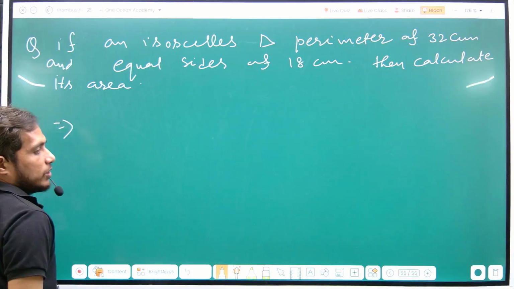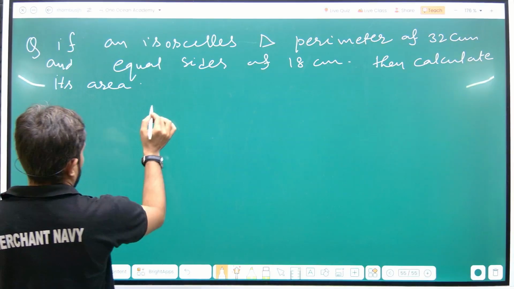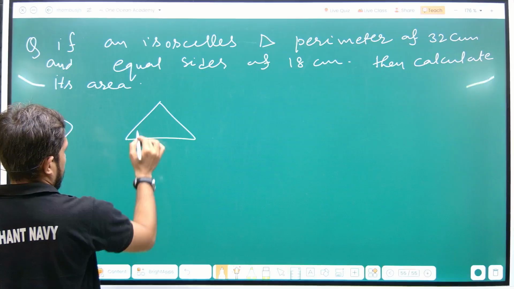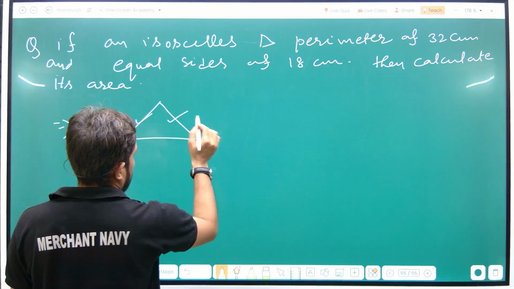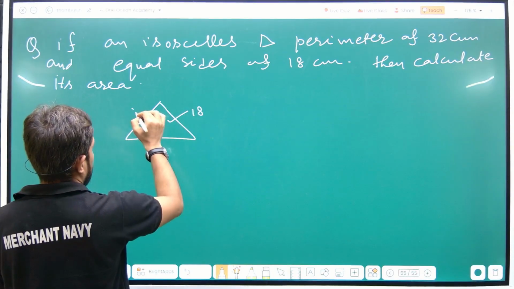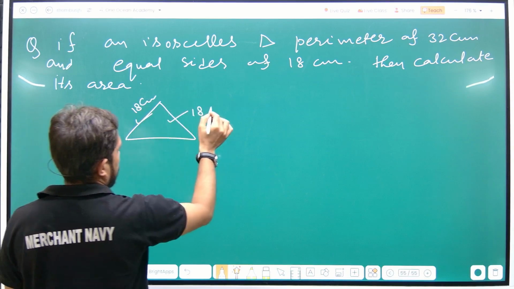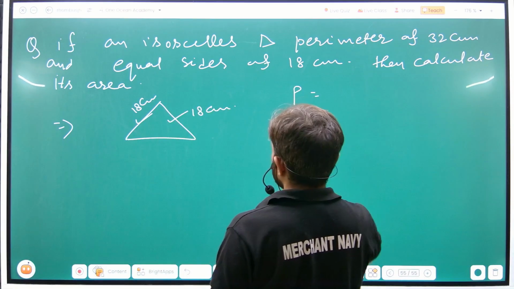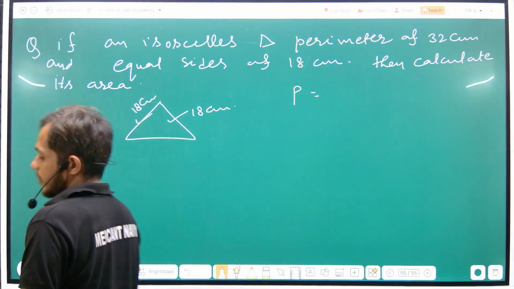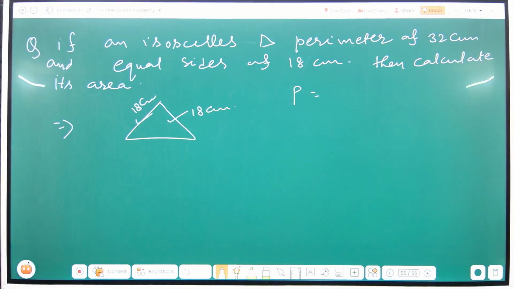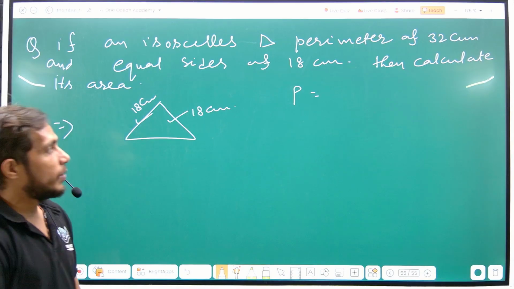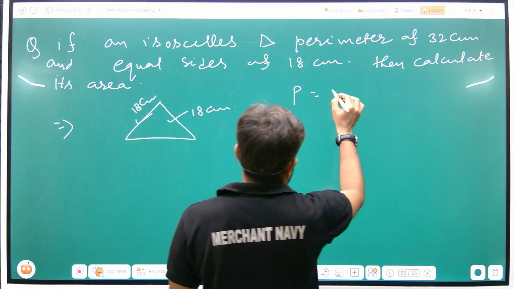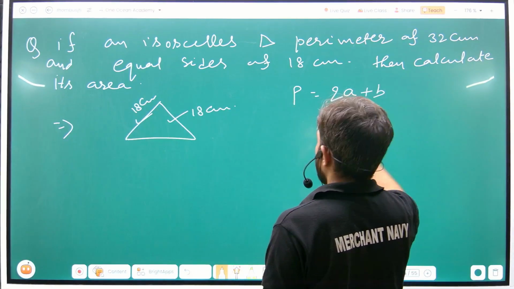Okay, so let's solve this question. It is given that for an isosceles triangle, let this be a triangle and these sides are equal, so each measurement is 18 centimeter. The perimeter of the isosceles triangle is equal to 2a plus b. Let these equal sides be a and the other the base.